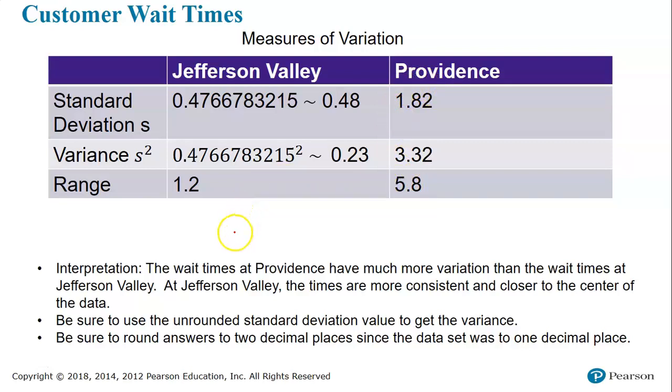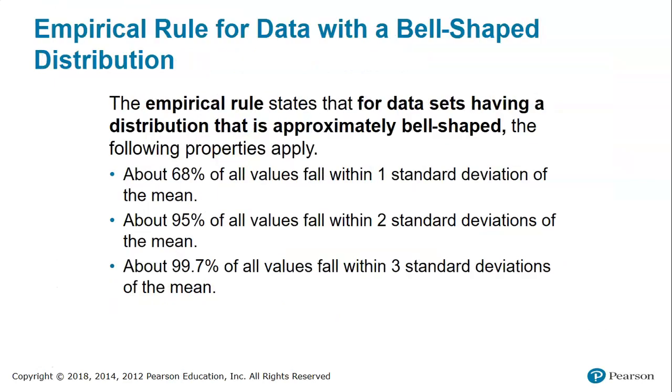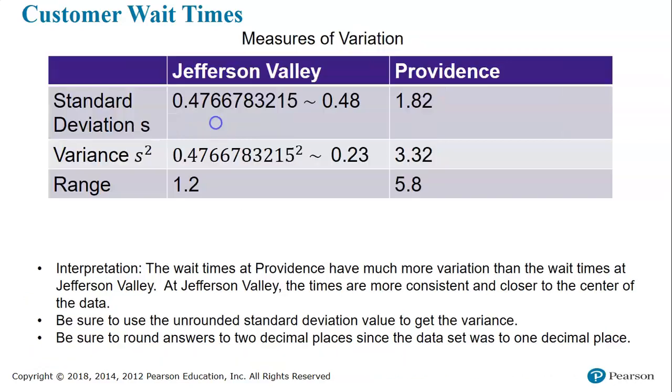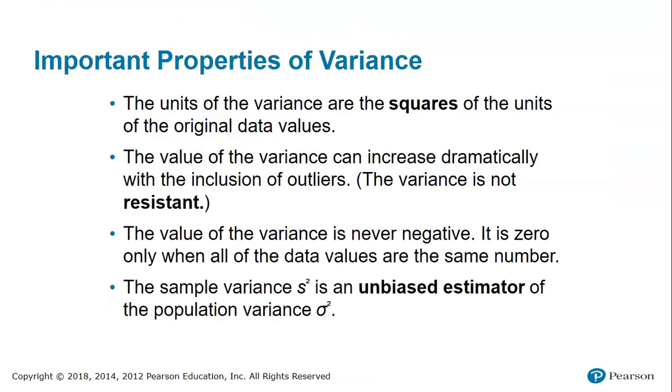We had the other question of which values are significantly high or significantly low. So if we look back at these measures of center, when we look at Jefferson Valley, we would do our mean plus or minus 2 times our standard deviation, and our standard deviation on that one was 0.48.